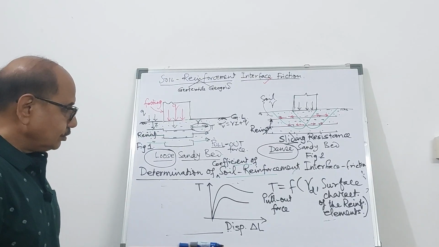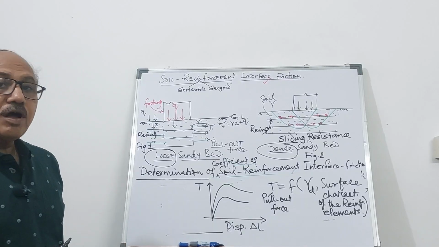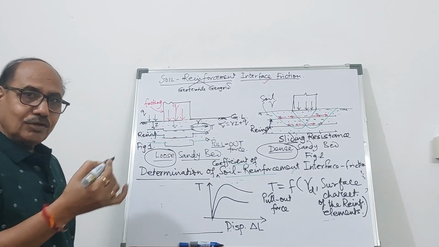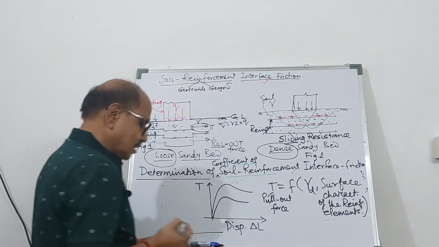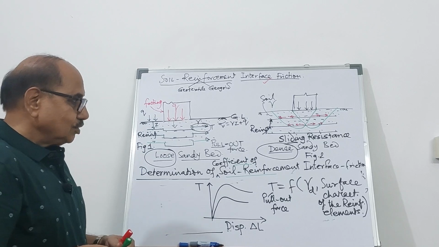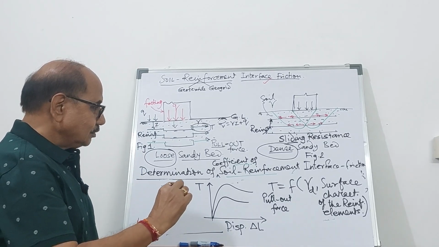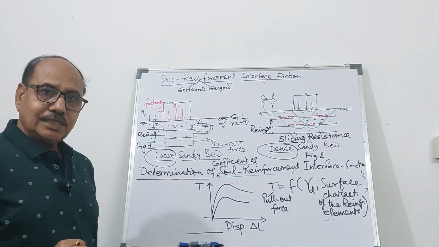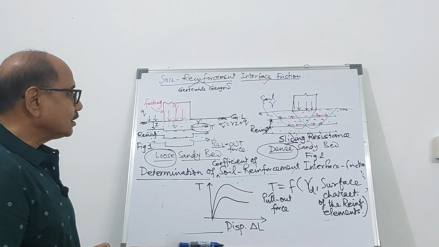More rough will give you more pull-out force. If you are going to have a rougher surface characteristic, or a different texture, that will also give you this.